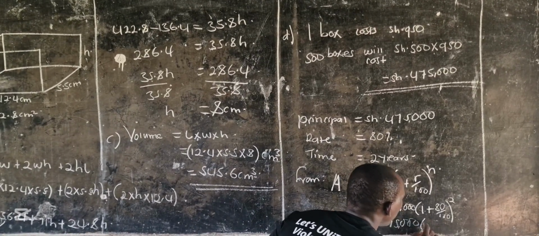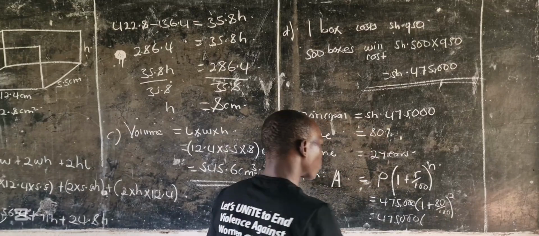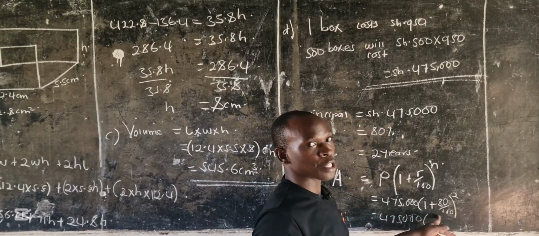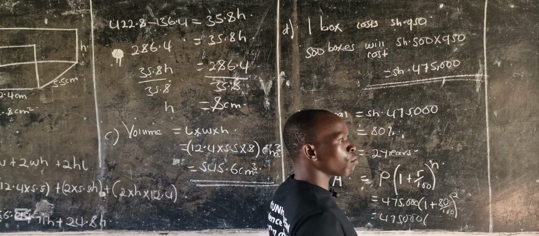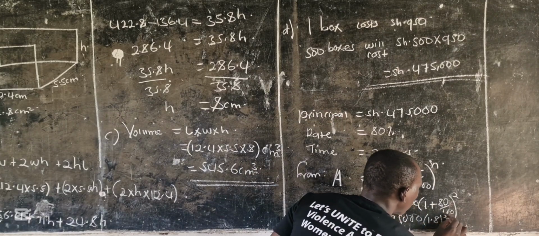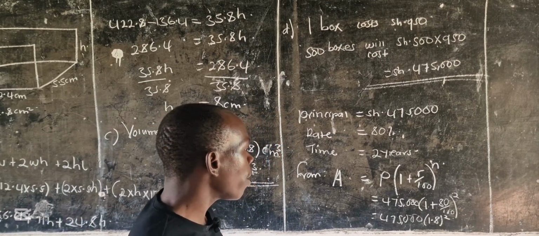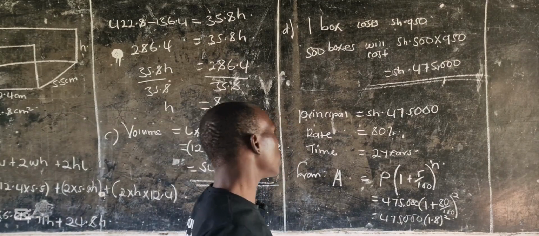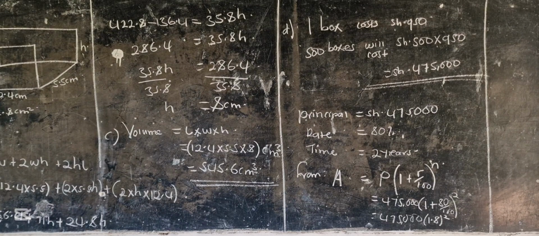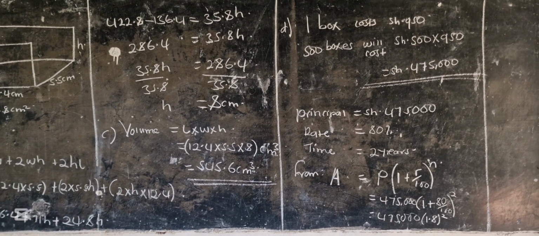So this is 475,000 times, when you cancel, 80 over 100 is 8 over 10, which is 0.8. And so 1 plus 0.8 we shall have 1.8, but this is squared.